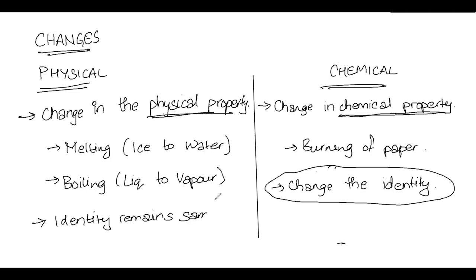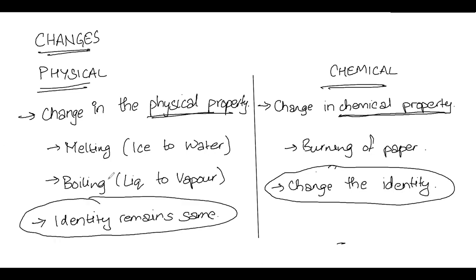Now to describe you the same, if we take the example of ice, when we melt it, it becomes liquid. Now when we boil it, it becomes vapor. But all this time we are dealing with water only, that is H2O. Therefore, the identity remains same.